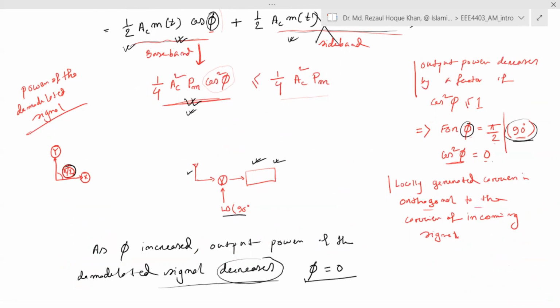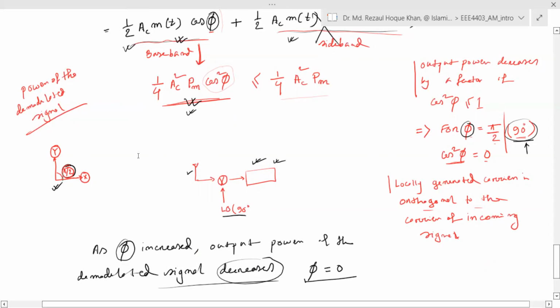This means as phase phi increases, the output power of the demodulated signal decreases, and it goes to 0 if the angle difference between the received signal and the phase offset is 90 degrees. This means the signals become orthogonal, and then the received power becomes 0. That's what we have seen in our previous lecture. We'll continue from here.